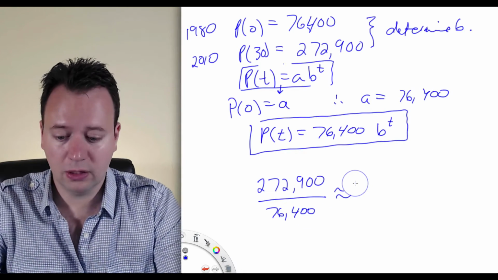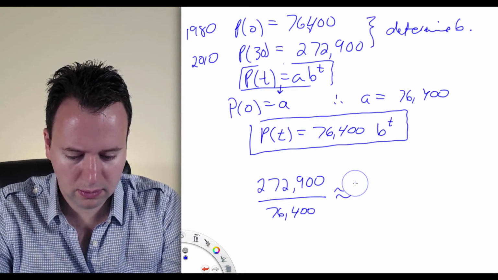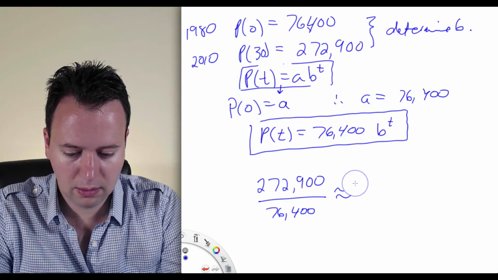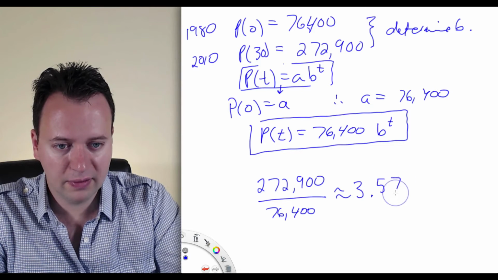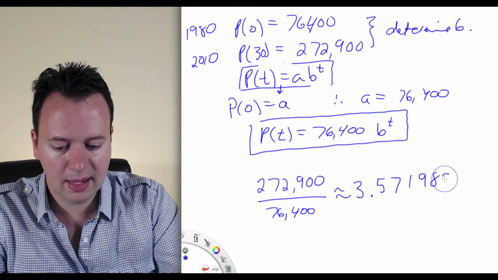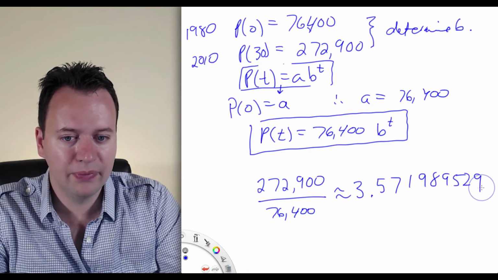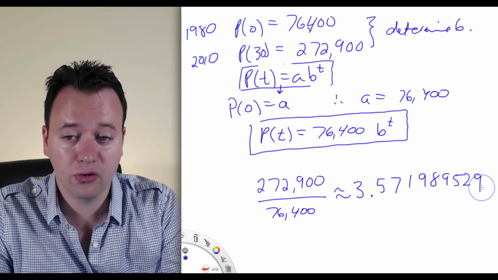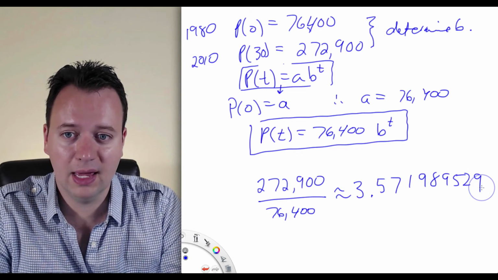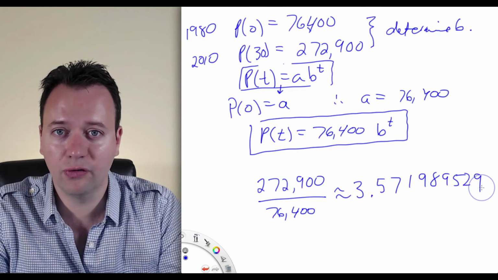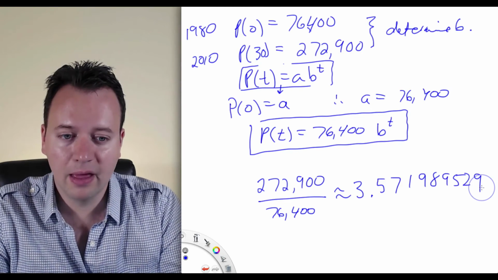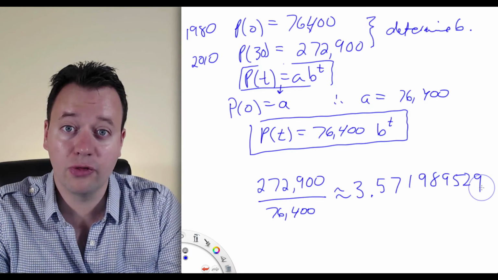And so what does this equal? Well, that's approximately 3.5719895929. So that's the jump in home prices between 1980 and 2010. Roughly the average price was increased by a factor of 3.57. So it was increased by this factor over 30 years.